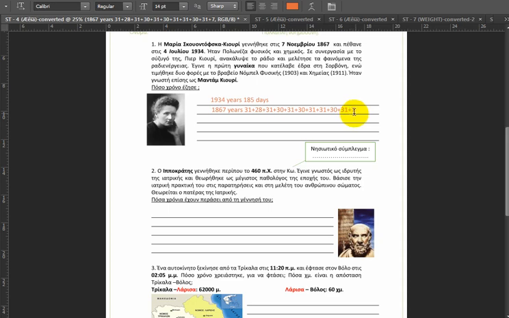So 7 and 1 makes 8, and 0 makes 8, and 1 makes 9, and 1 makes 10, and 0 makes 10, and 1 makes 11, and 0 makes 11, and 1 makes 12, and 8 makes 20, and 1 makes 21. So I'm going to write 1, I'm going to carry the 2.